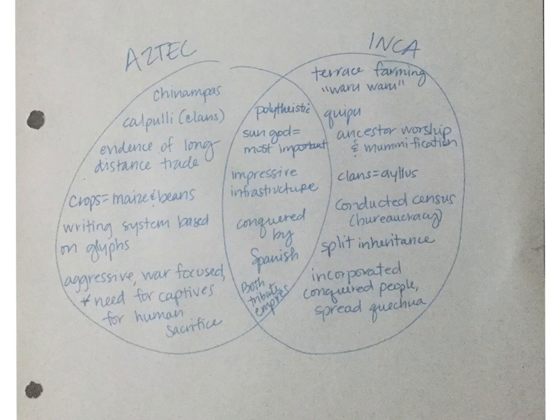Okay, so obviously on the left here, we have information about the Aztec, and on the right, we have information about the Inca, and of course in the center are the things that they have in common.